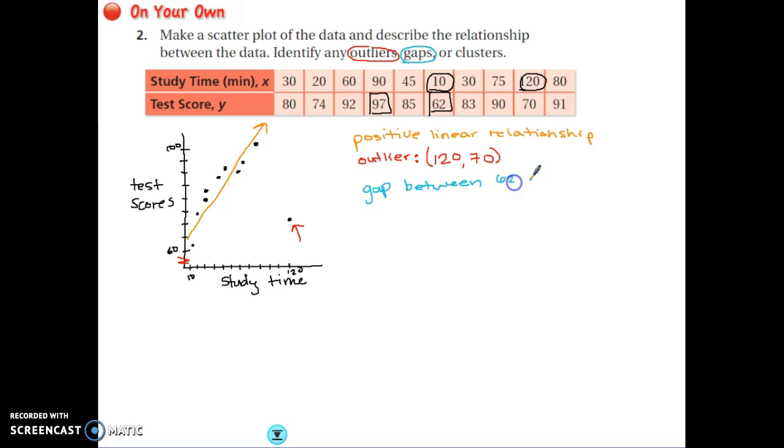So 62 and 70 in scores. And lastly, in regards to clusters, when I look at this data set, I don't really see anything that's bunched together really close. So I'm going to go ahead and say that there are no clusters in this data set.